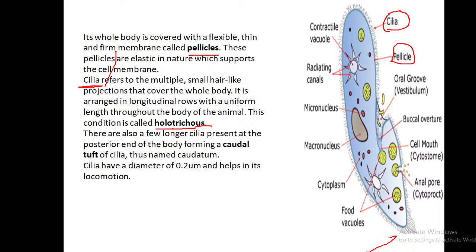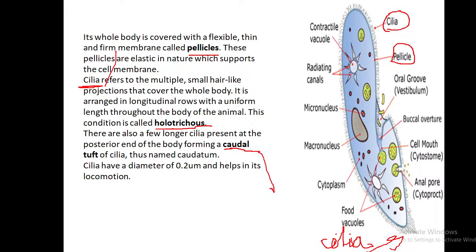In this region you can see the cilia, a tail-like structure or tail-like region, where the cilia are long. Longer cilia are found at the caudal region. Caudal region means tail. The term caudal is one you will hear from now on.